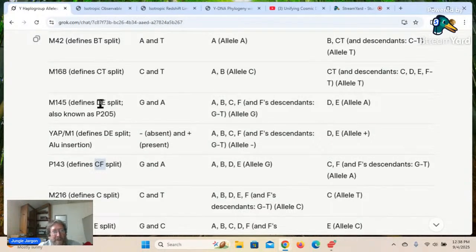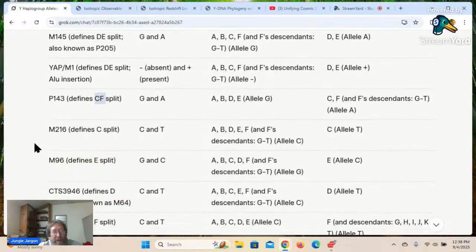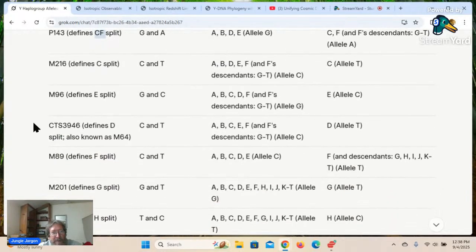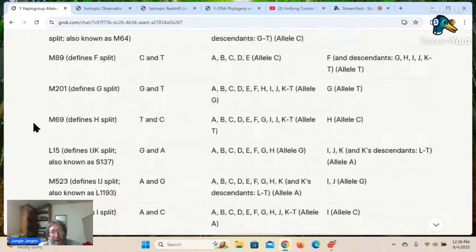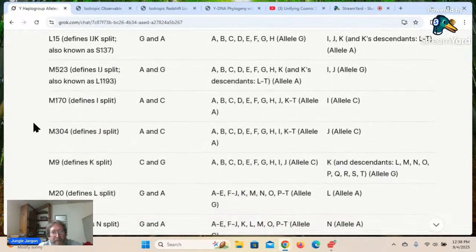BT, CT, DE, another DE, CF, and then it explains each one. So now we're getting somewhere. And then it goes through and lists all of these markers and these identifiers for each of the haplogroups.